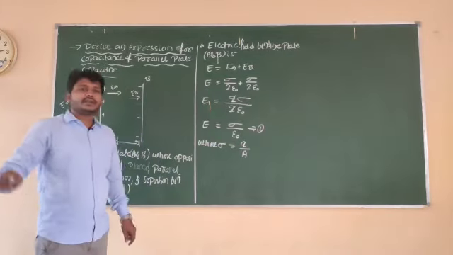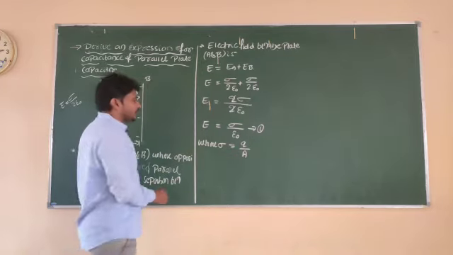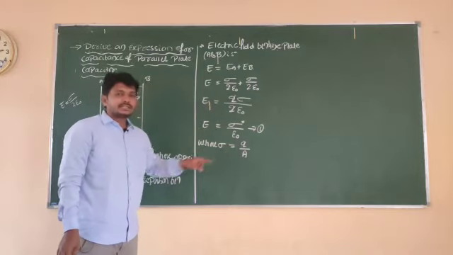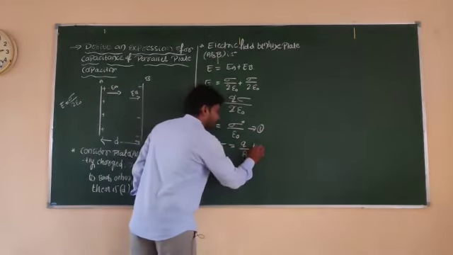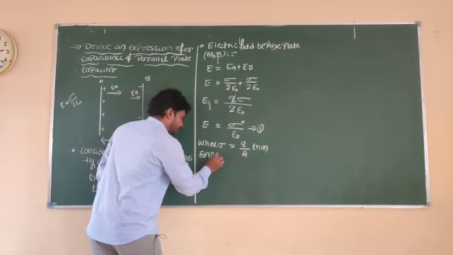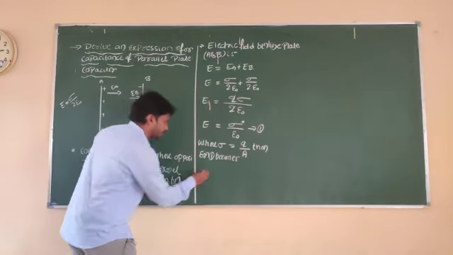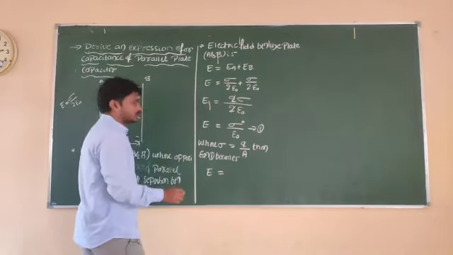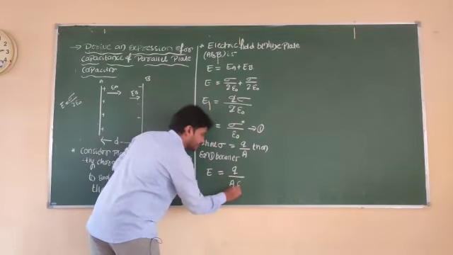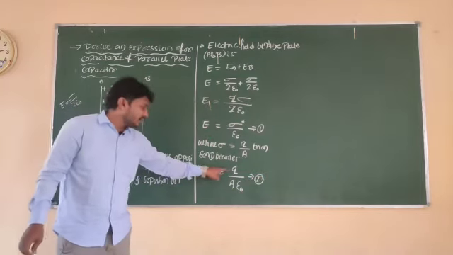So sigma is equal to Q by A. In equation 1, wherever sigma is there, I will fill it as Q by A. Then equation 1 becomes, shall I rewrite equation 1: sigma is nothing but Q by A, into epsilon naught in the denominator. We got the electric field here.